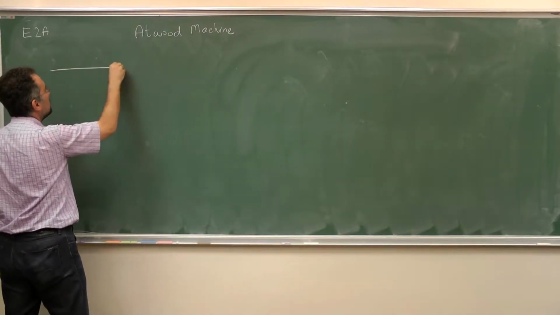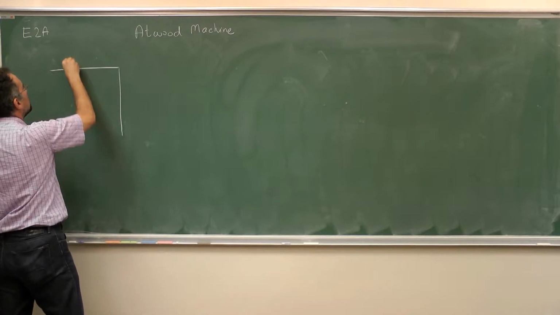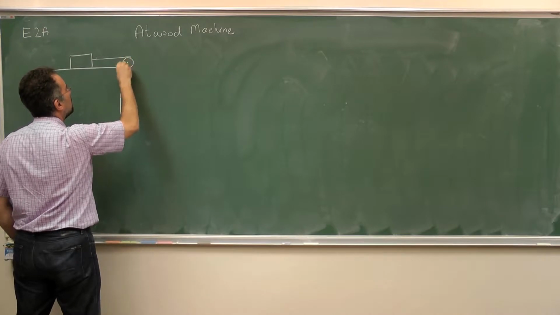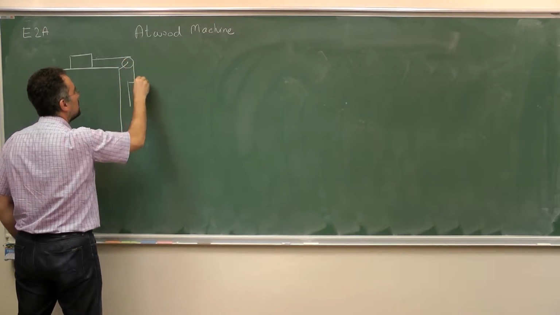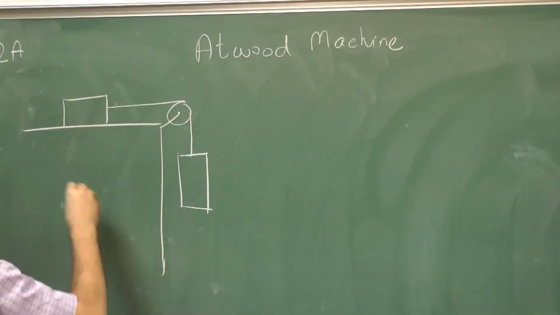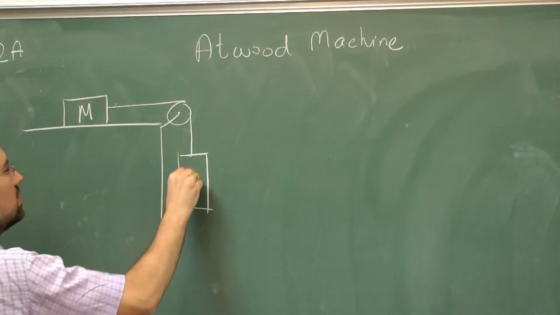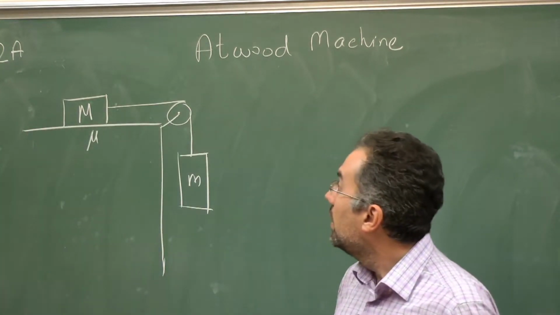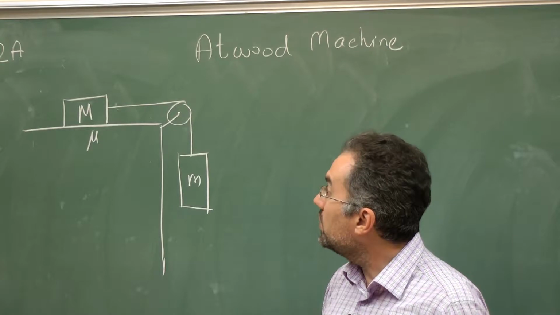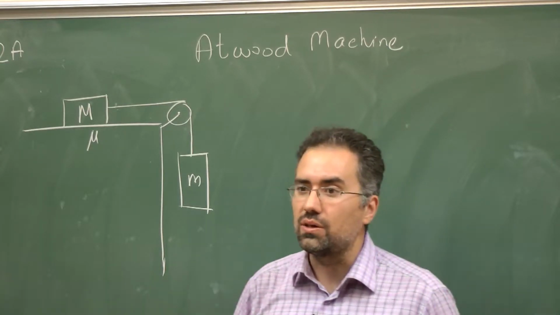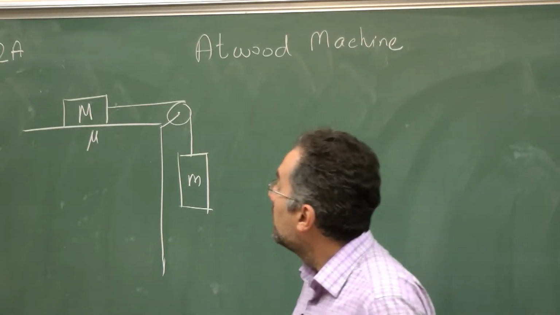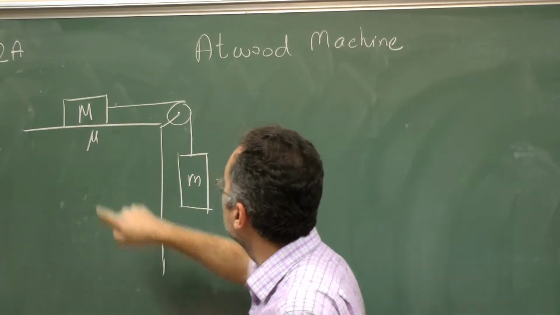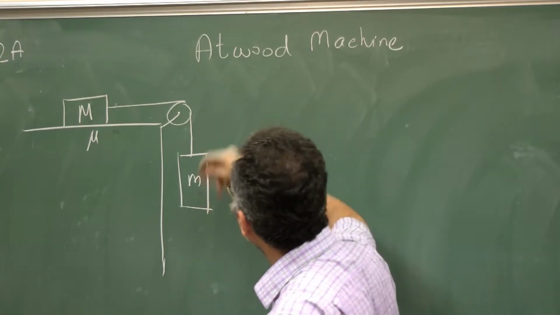We will start with a simple version of the problem where we have two masses connected with a string and a pulley, all of which are, as always, assumed massless. We do have friction between the block and the table here, and this is hanging freely.